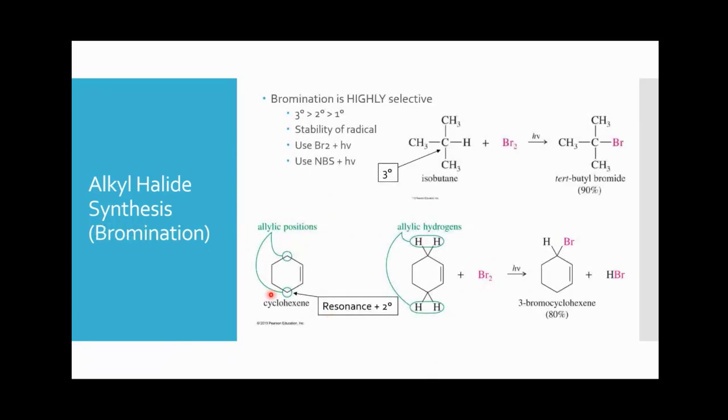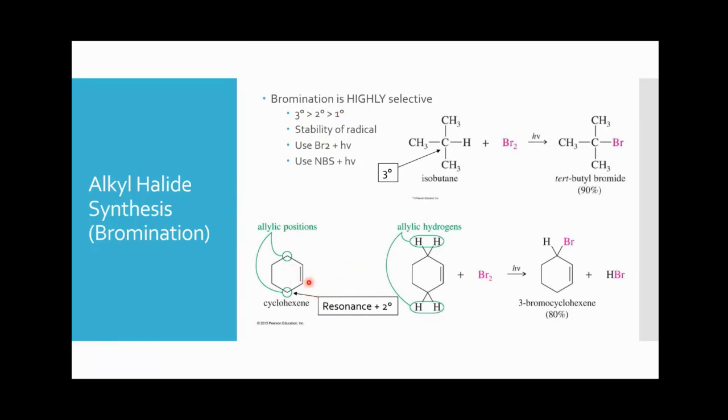However, bromination is highly selective, meaning it's going to be slower because it has to attach to the most stable position, tertiary being the most stable, then secondary, and then primary. You also have to consider resonance.